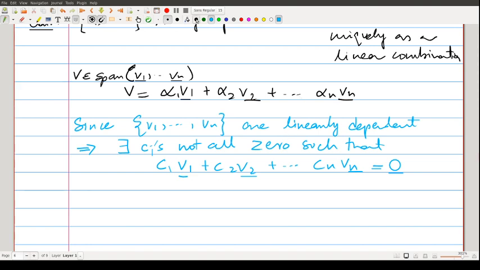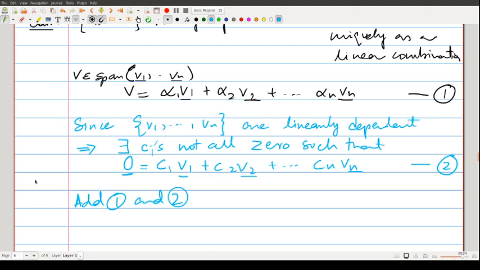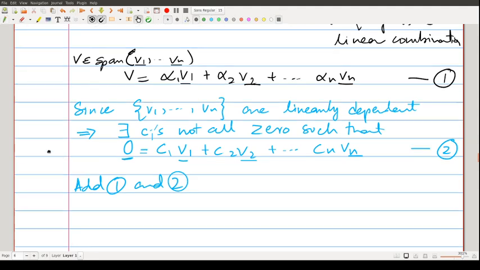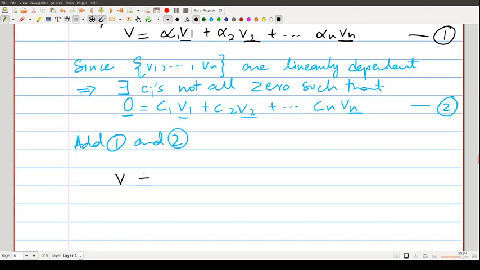And so let's call this equation 1 and let's call this equation 2, and notice if I add them together, so add 1 and 2, what do you get? Notice what we have: V plus, from the second equation, the 0 vector.